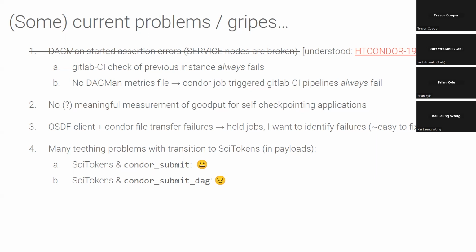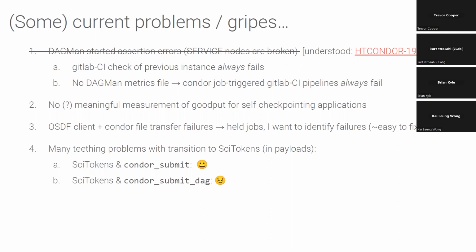And then finally, and I think this leads quite well into Jim's talk, as I said, I've overhauled this in the past month or two to transition entirely to SciTokens and payloads. I've had quite a few teething problems with that transition. Generally, SciTokens and condor_submit works beautifully.